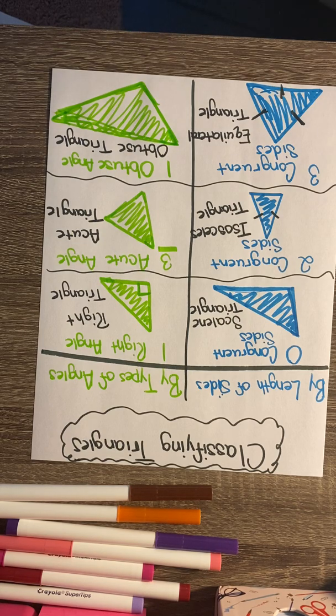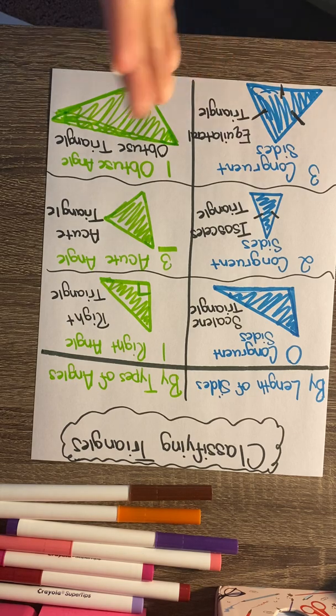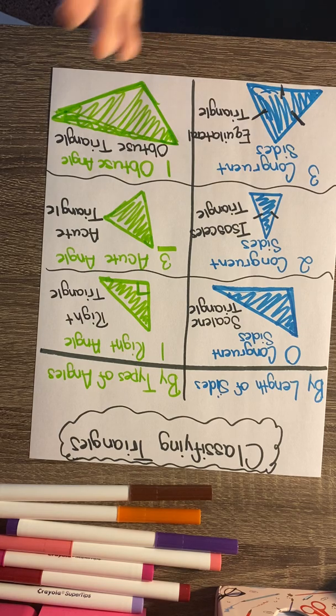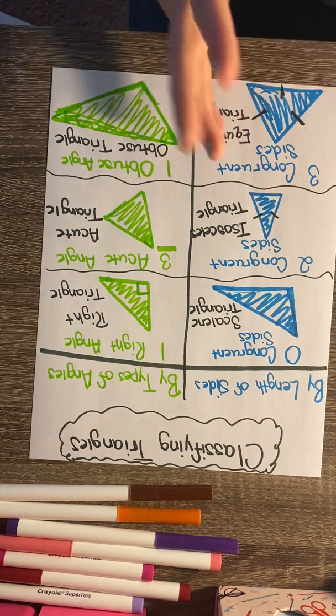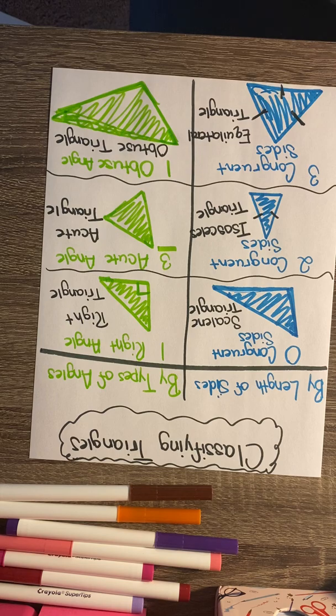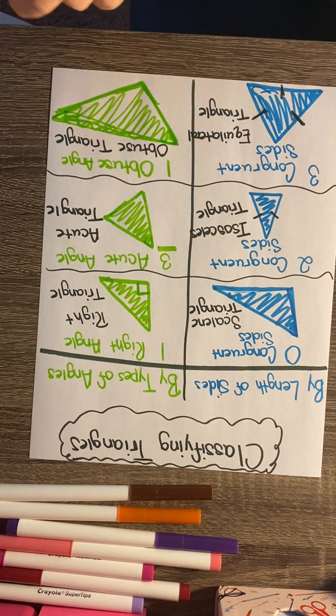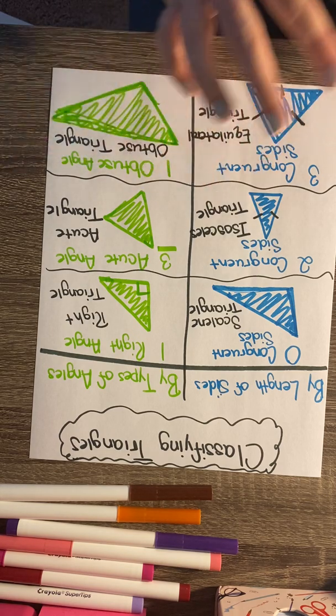All right, so next you are going to do a little activity after you post your notes. So post your notes to Google Slides so I can look at them. Then you're going to do a little activity just so I can check your understanding, see how this helped you. And then tomorrow, you are going to do more activities and more different things with triangles and learning about them, right?